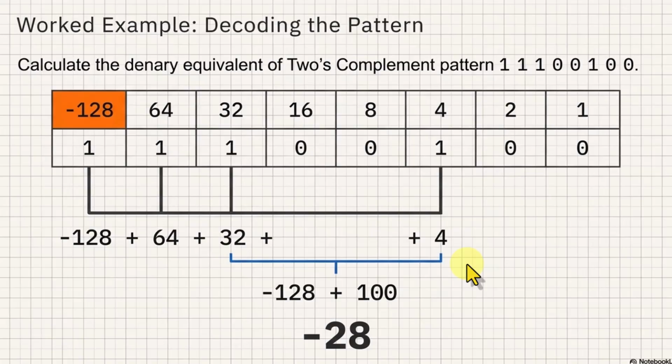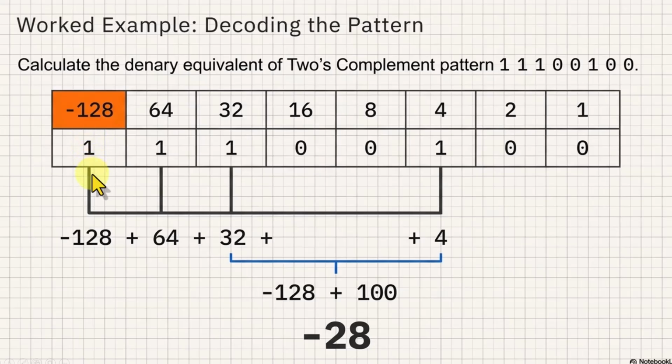See here, we have: calculate the Denary equivalent of 2's complement 1 1 1 0 0 1 0 0, okay? So we'll write 1 2 4 8 16 32 64, and in signed values that will be positive 128, but right now it's 2's complement, so that will be negative.